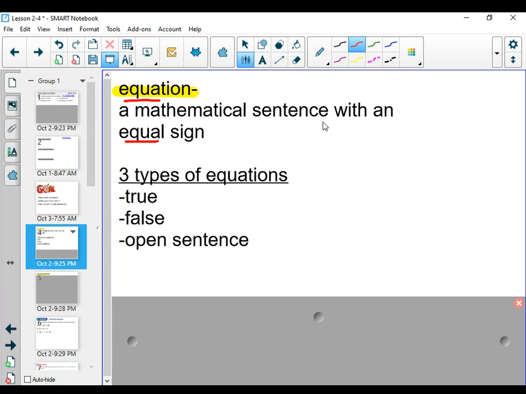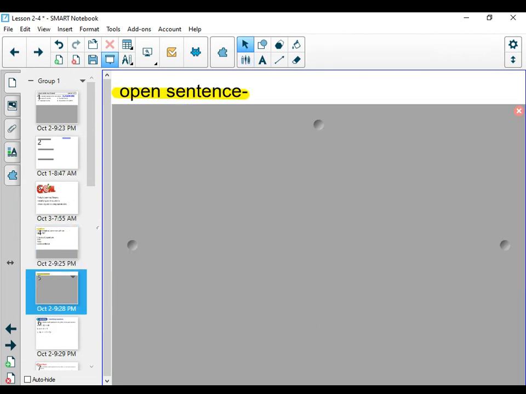Also, there are 3 types of equations: a true equation, a false equation, and an open sentence. Pause if you need more time. I hope you thought to yourself, well, what's an open sentence? Good question.